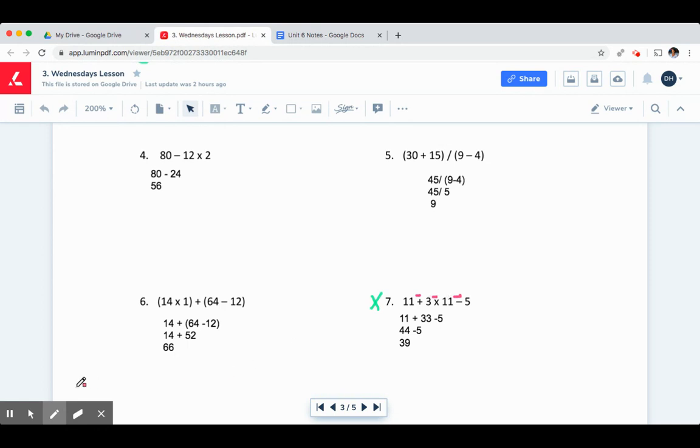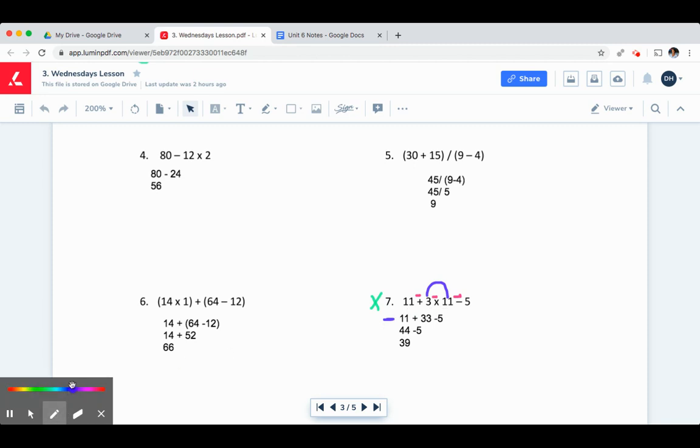Which of these operations is most powerful? Multiplication is most powerful, so that's what we should do first. 3 times 11 is 33. So I will rewrite my expression and plug in 33. I'll write 11 plus 33 minus 5.